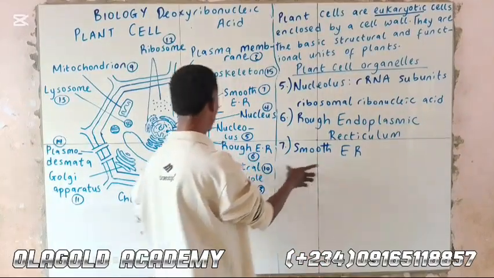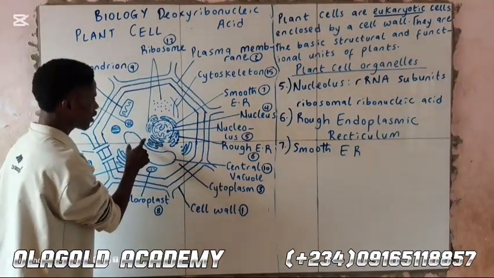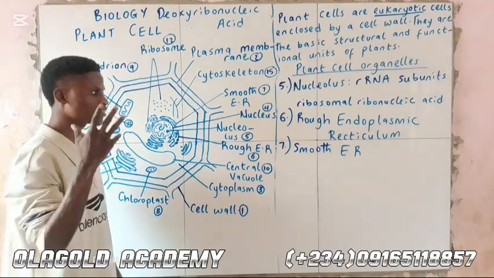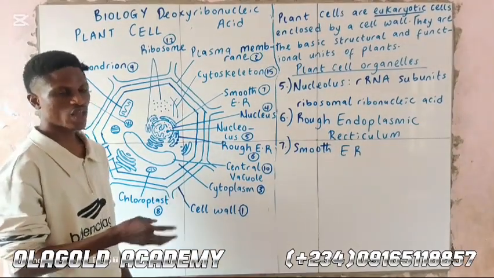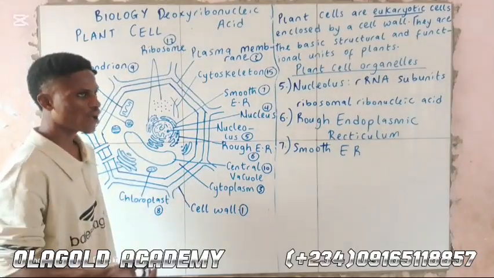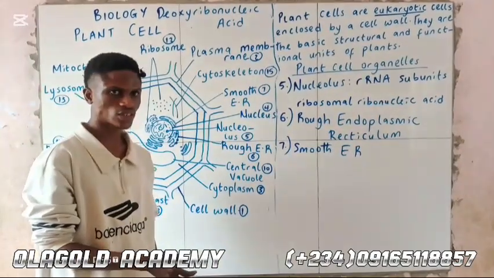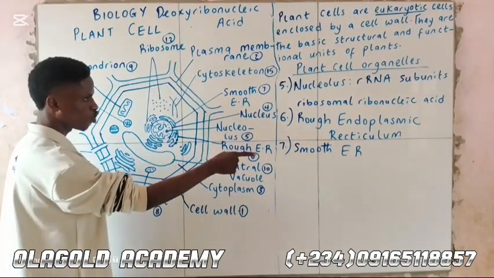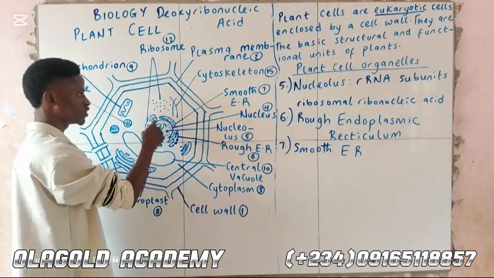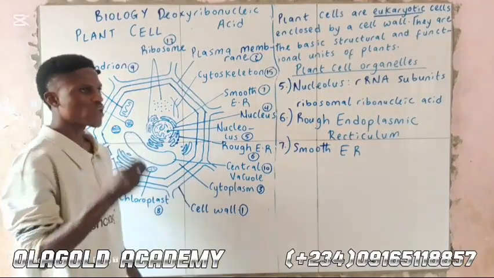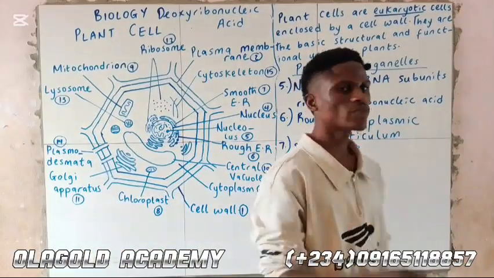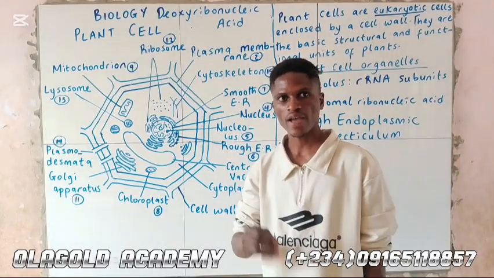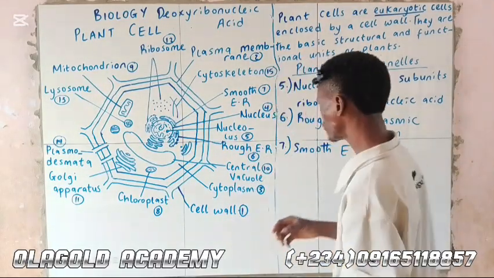So this smooth ER is responsible mainly for the synthesis of lipids, and they also help to detoxify harmful substances. I repeat, the smooth endoplasmic reticulum helps to synthesize lipids and also helps to detoxify harmful substances.